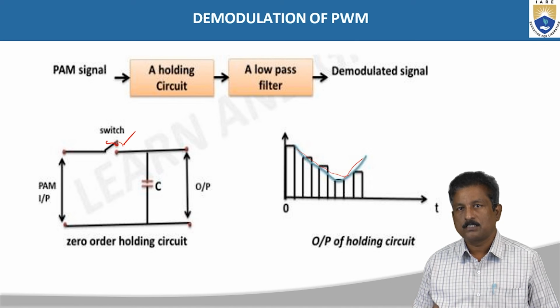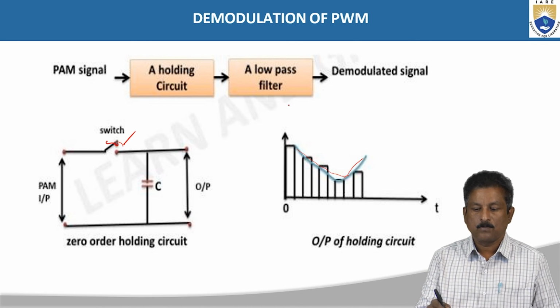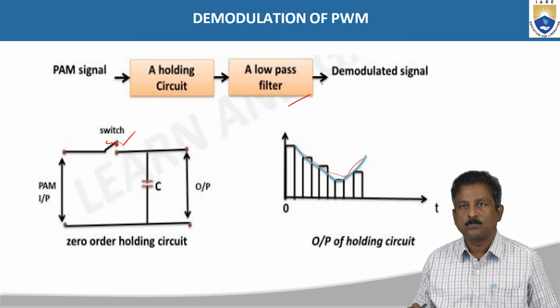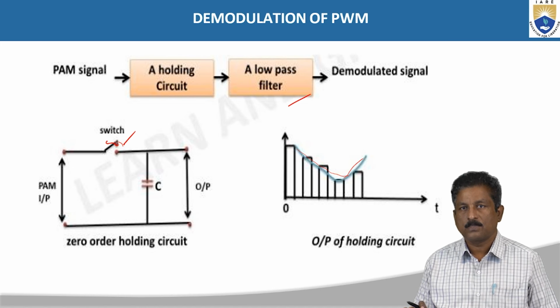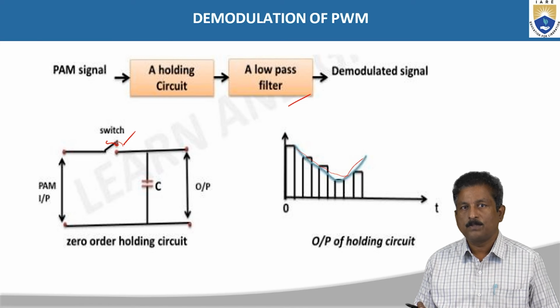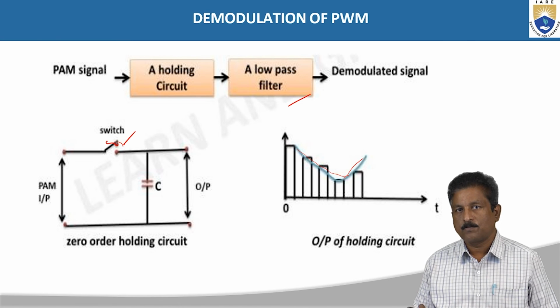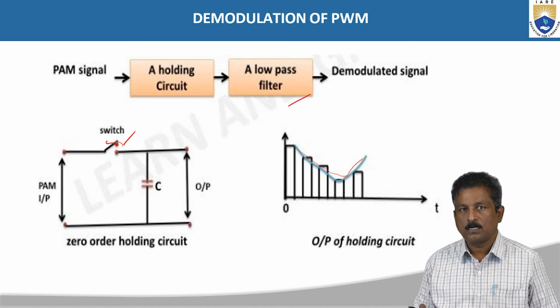Once you have the holding circuit output, there is an arrangement of a low pass filter. The purpose of the low pass filter is to allow only the low signals, the signals lying below the audio frequency range. Our aim is finally to retrieve the original modulating signal, which is available in the audio frequency range of 20 Hz to 20 kHz.